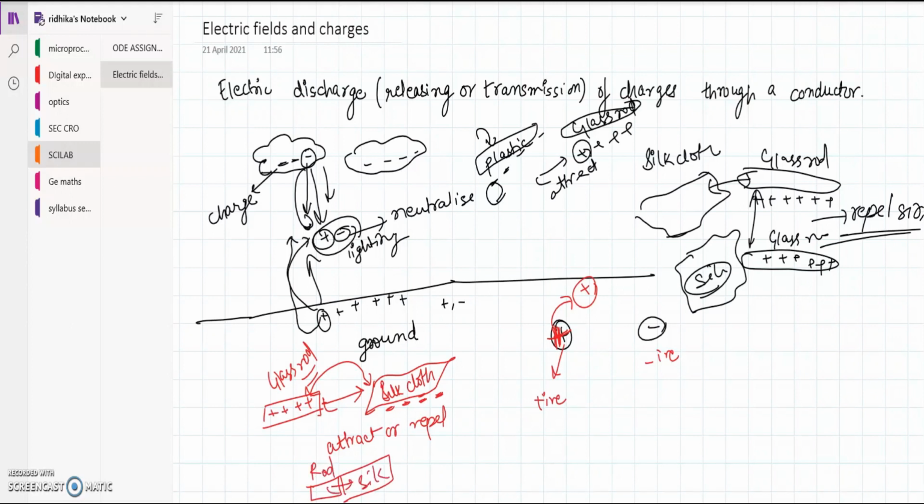So they will not show any attraction or repulsion. This is due to the fact that they get neutralized, or the charges get nullified. What does nullify mean? It means to neutralize. Neutral means has no charge, a body which has no charge.